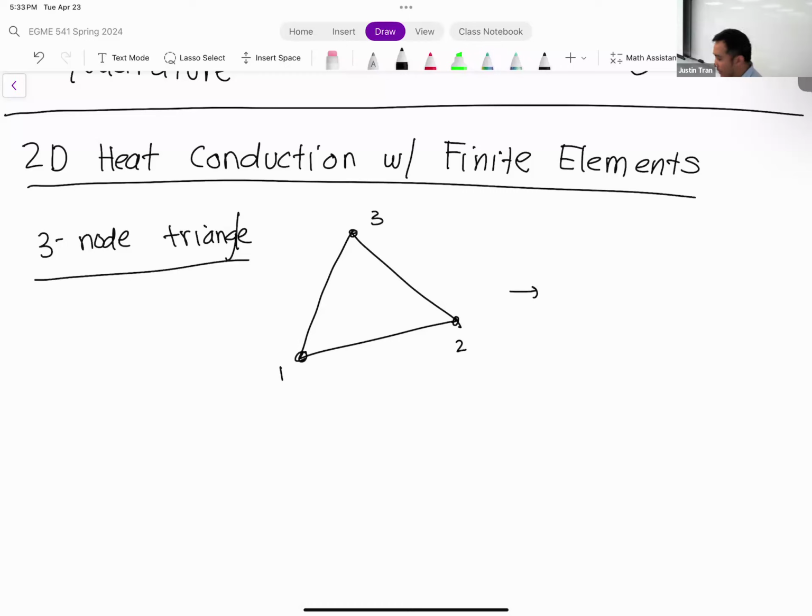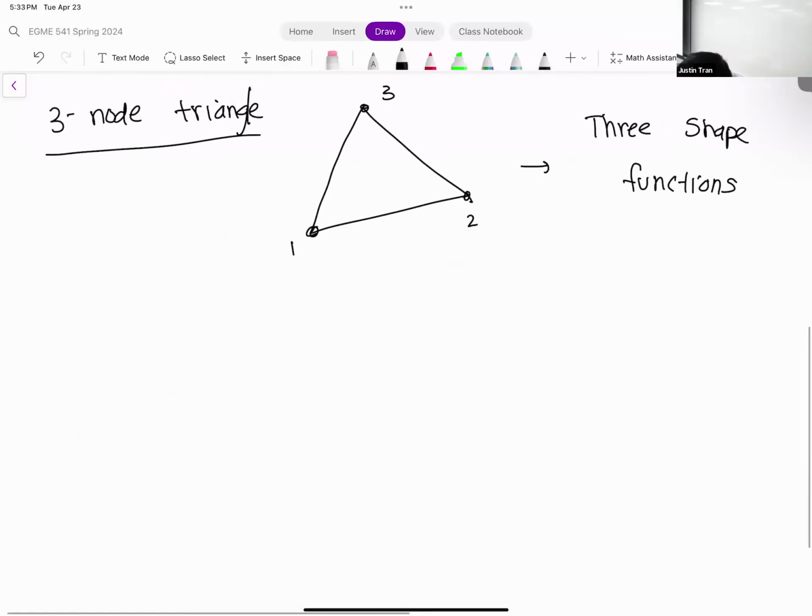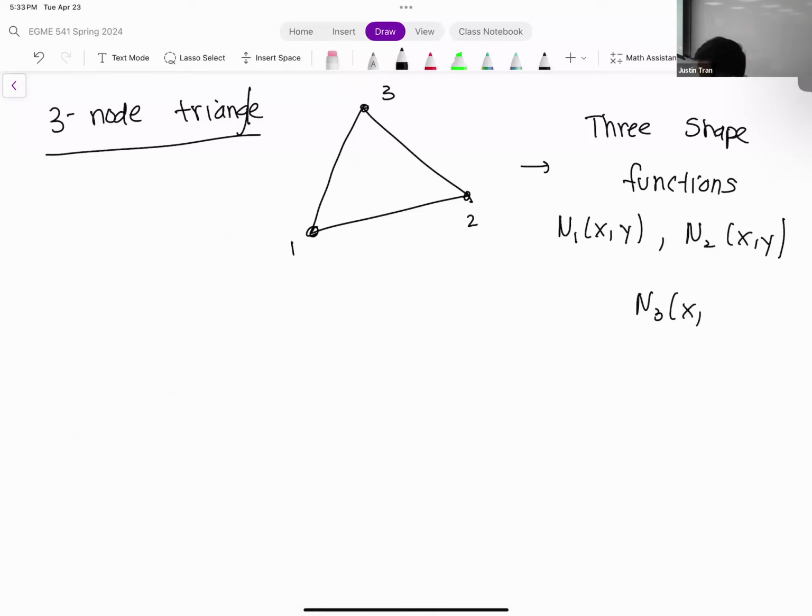So if we have 3 nodes, we have 3 shape functions: N1 of x and y, N2 of x and y, and N3 of x and y.